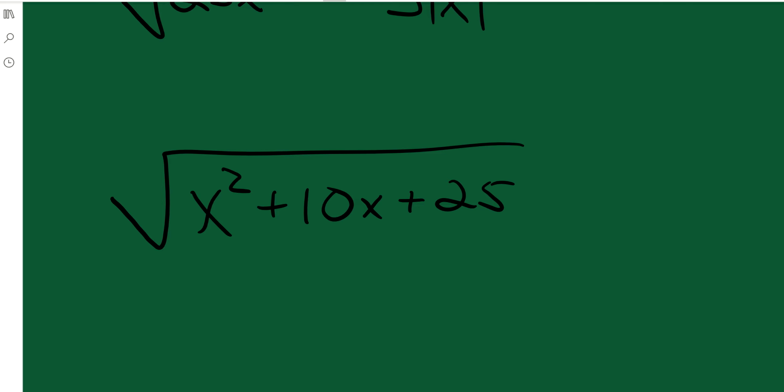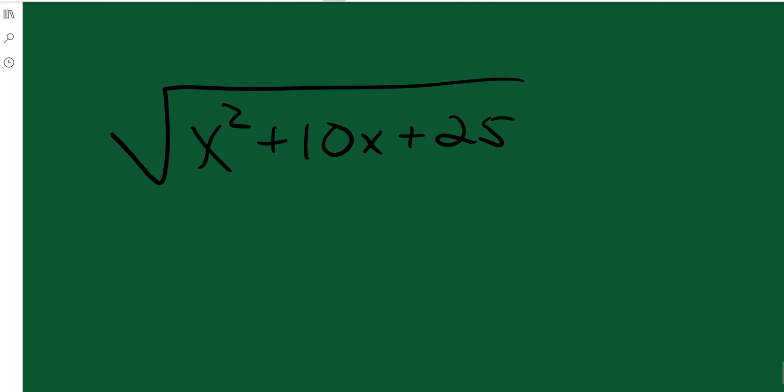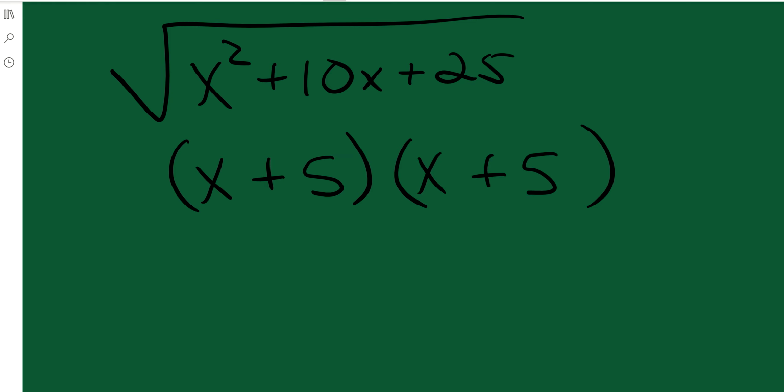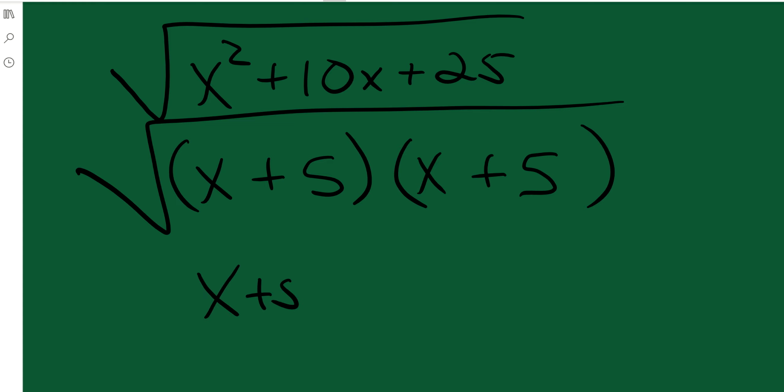This looks like a perfect square trinomial. So if I factor this, let's do it this way. X plus 5. And then I'm saying, what is the square root of this? For every 2 of the same terms, I take 1 out. So in this case, it's going to be x plus 5.